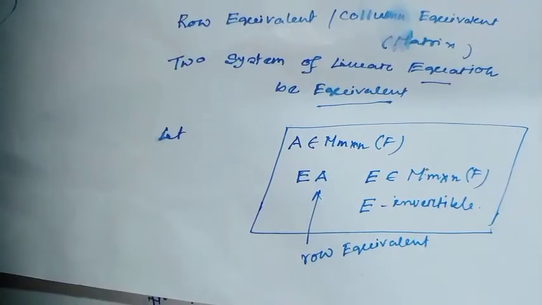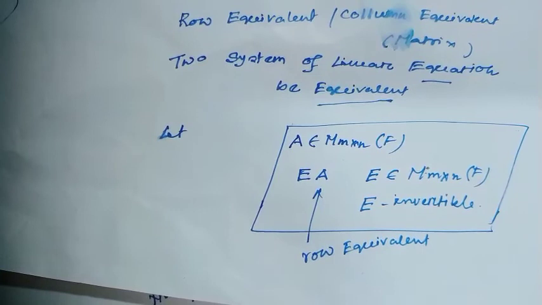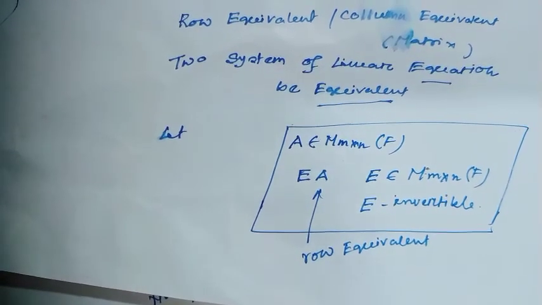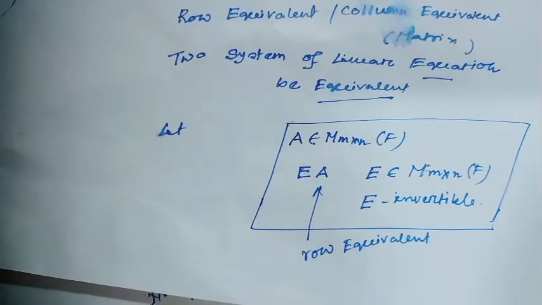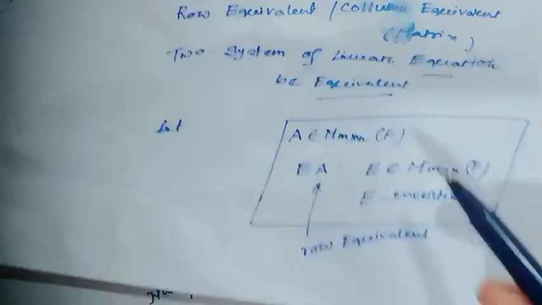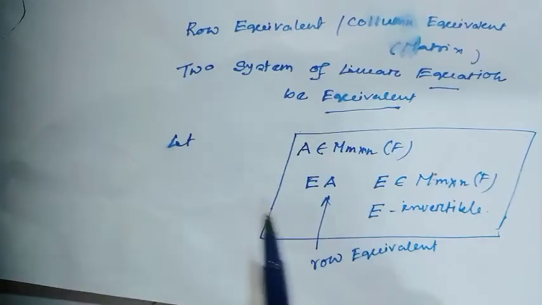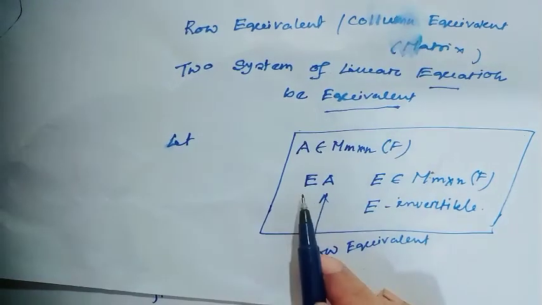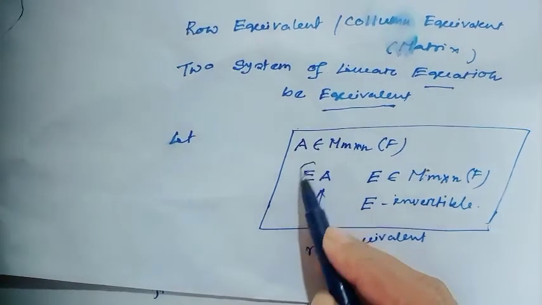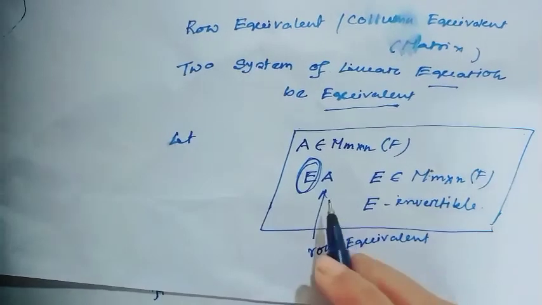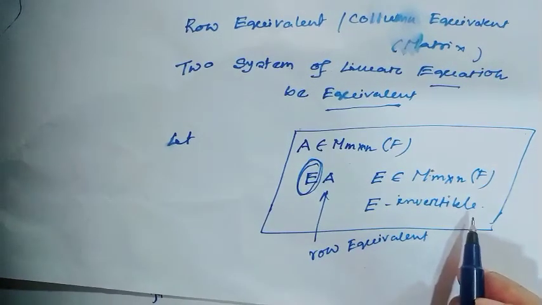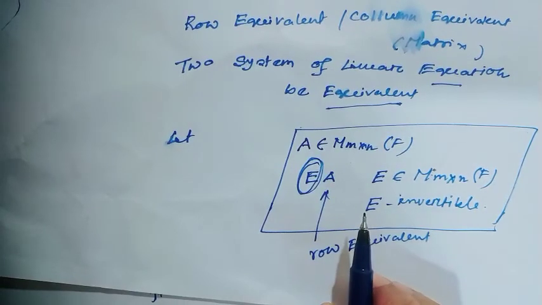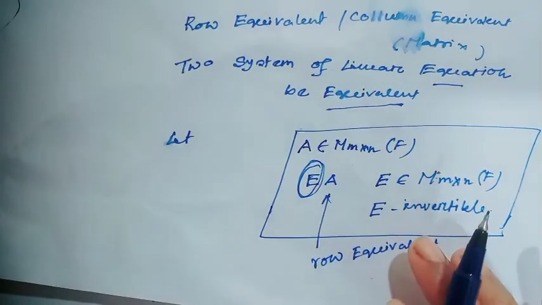So I hope all my viewers have understood. Our next goal: what are row equivalent and column equivalent matrices? If A is an M cross N matrix over the field, then A is row equivalent if A is multiplied with an elementary matrix E, where E is an invertible matrix, and this elementary matrix is nothing but a row operation.